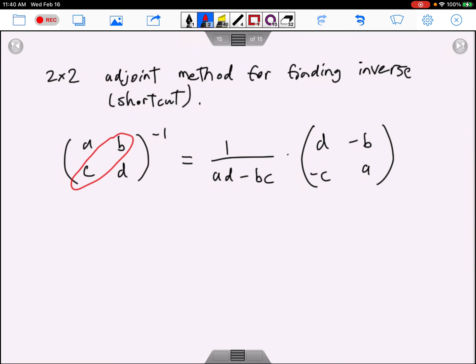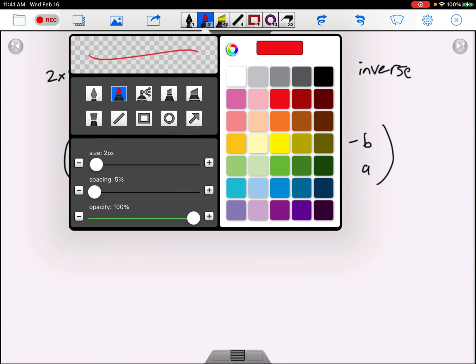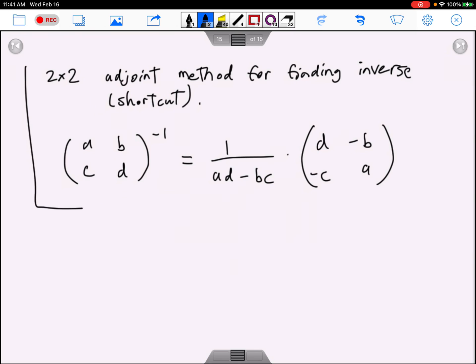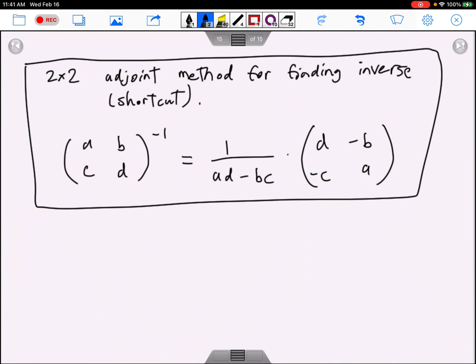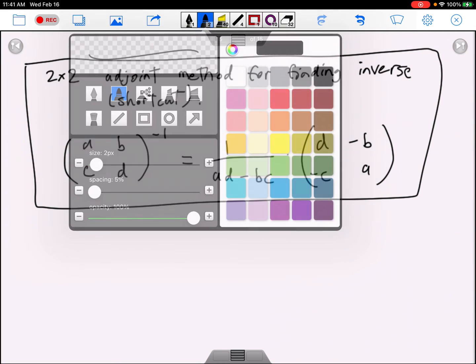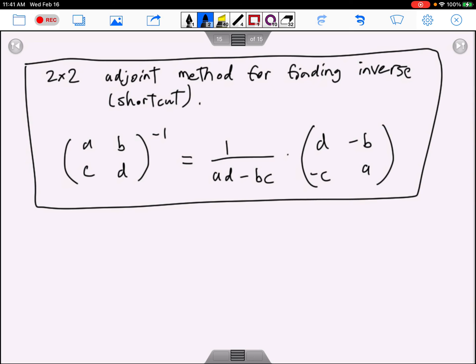And these two guys turn negative. So again, this is the adjoint method. So let's do a really quick application of this just to show you how easy it is to find the inverse, because for a 2 by 2, this is clearly the fastest way. Okay?